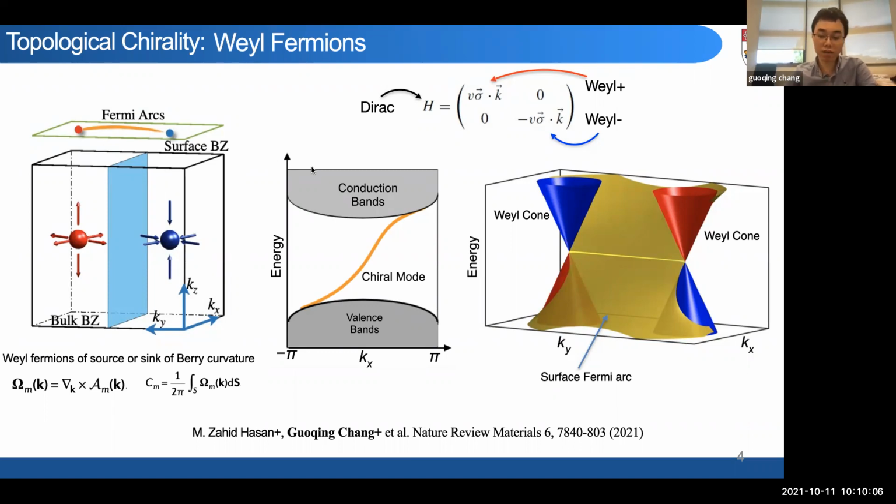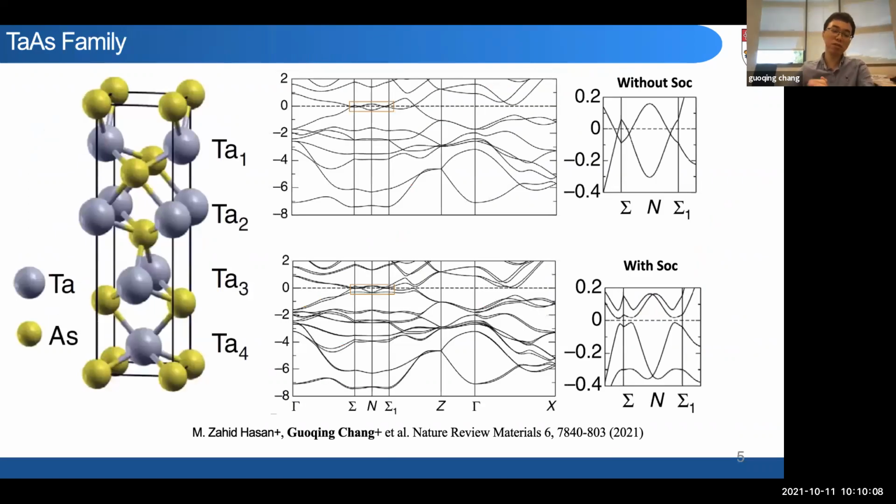So with this idea, people started searching for Weyl semimetal candidates. The first one that was realized in experiments is the TaAs family. This is a non-centrosymmetric material, where we cannot define the inversion center of the Weyl fermions. Sorry, previously I didn't mention that.